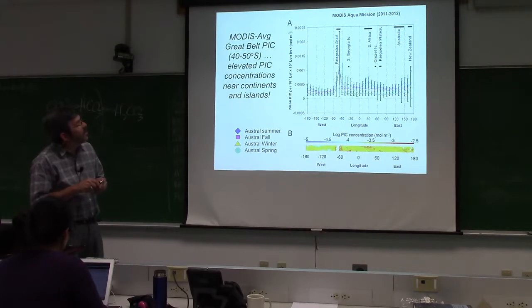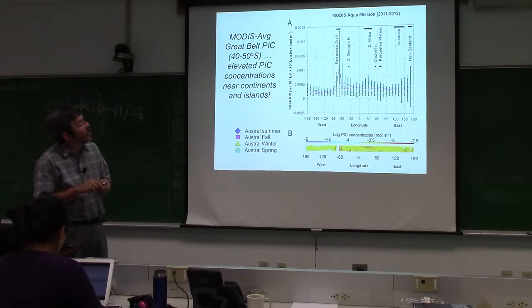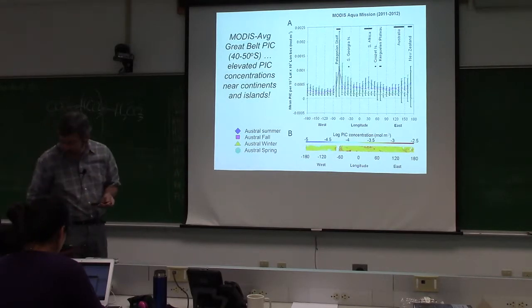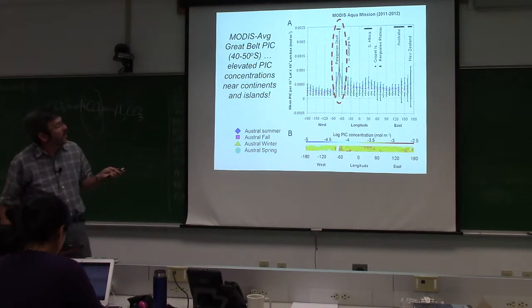And you can see as we get close to the land masses, we see more coccolithophores. Here is the Crozet and Kerguelen plateau. Here's Australia over here and New Zealand. And here is basically, so the impact of, I think, dust coming off of South America, the Patagonian Plateau.